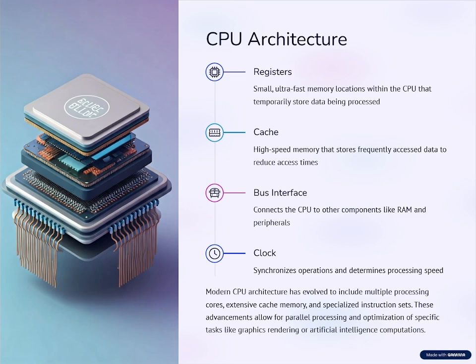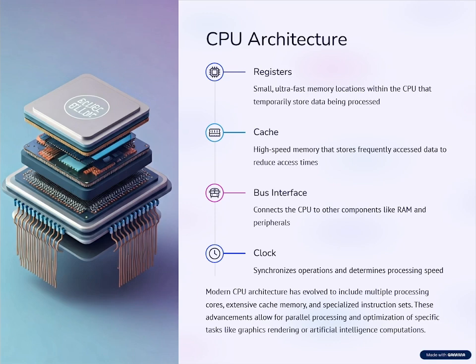Now, inside the same CPU, we have what we call the cache. Some people call it the cache memory. The cache will offer high-speed memory to store frequently accessed data to reduce the access time when we are working with the CPU.